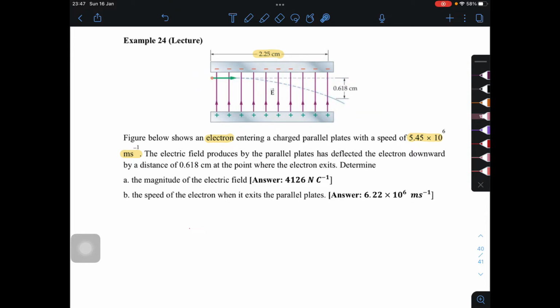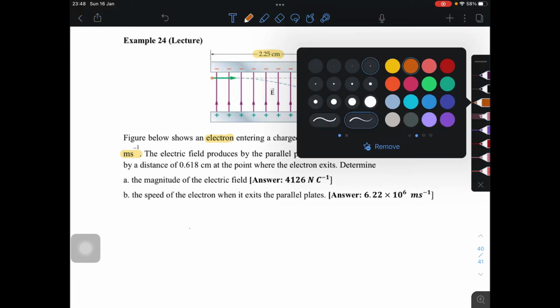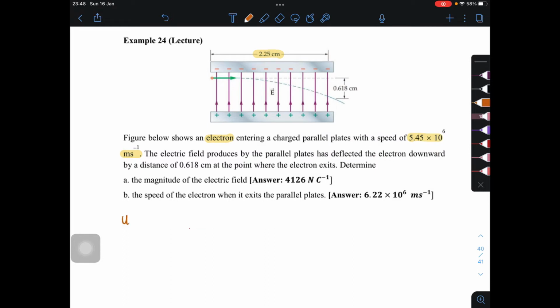Okay, so let's write down the information that we have first. Here we have the initial velocity u, which is 5.45 × 10^6 meter per second. And then here we have Sx, the distance from here to here, which is 2.25 centimeter.